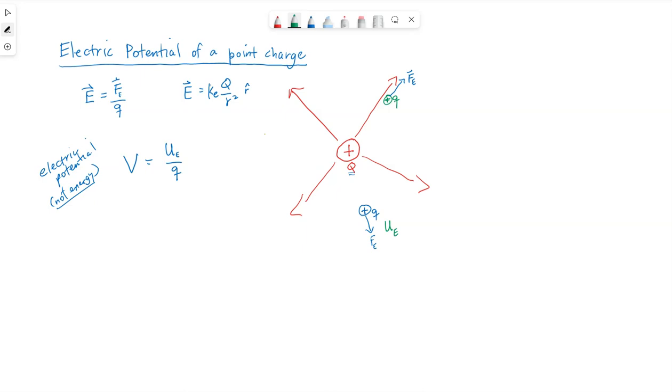In a previous video we talked about the potential energy a point charge experiences because it is near another point charge. That equation was K Q1 Q2, so the two charges involved, divided by R. K is still our constant that represents 1 over 4 pi epsilon naught.